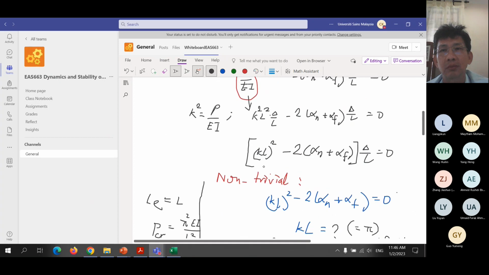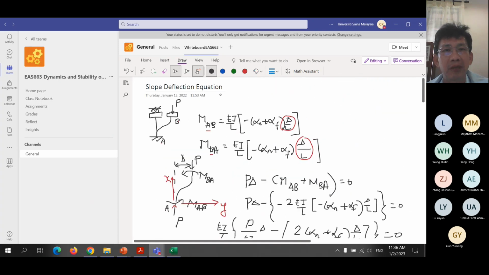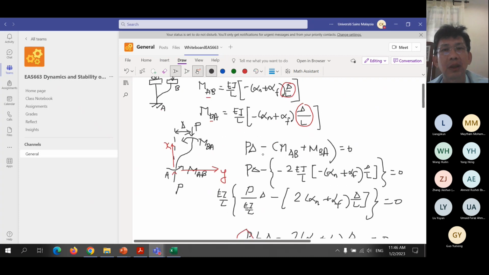So to summarize again, when we have the relative end translations, first of course we still need to write down the end moments, which is from these two equations. Then after that, if there are end translations, we need to form an equilibrium equation using the whole column, okay? Using the whole member or the column members here by taking moment at one end, and we form these equations.